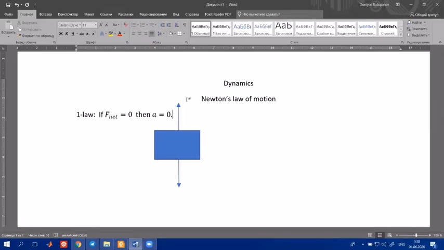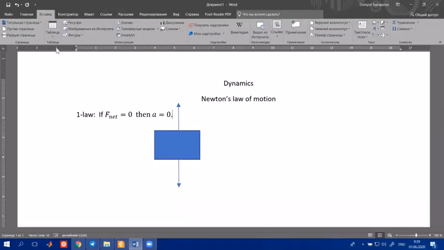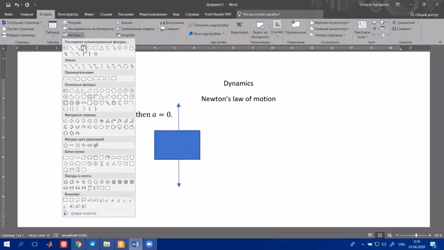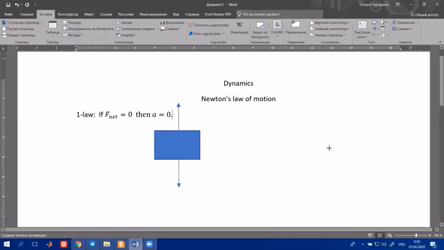Another example: imagine that there is a rocket in free space. So there are no other objects around. The rocket is moving in outer space, far from the Earth and other planets, other stars.